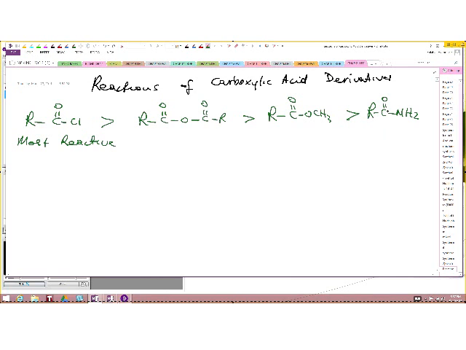But the anhydride cannot give us the acid chloride. So this is the most reactive and this is the least reactive. Keeping that in mind, let us begin to look at the reactions of this class of compounds. I want to start with the amide, and then from the amide go to the acid chloride.